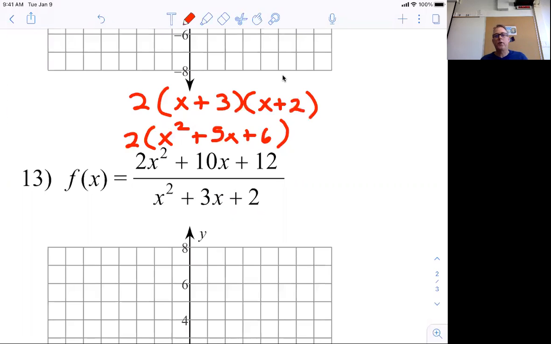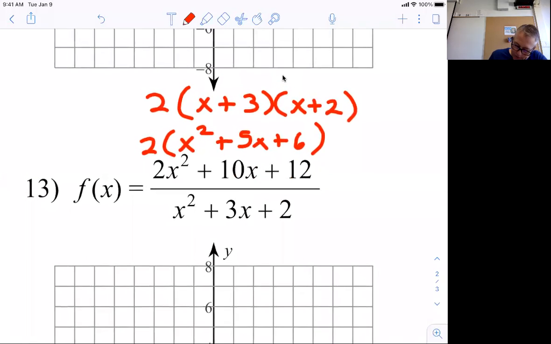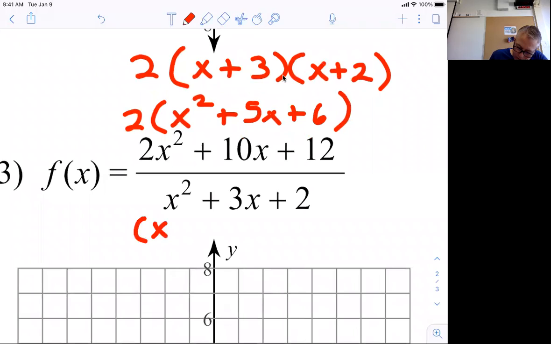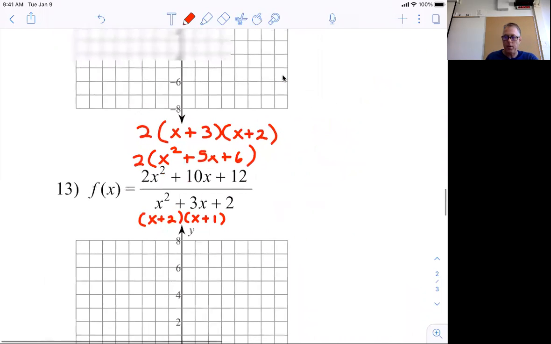I'm having trouble factoring today. And on the bottom, that factors into x plus 2 times x plus 1.